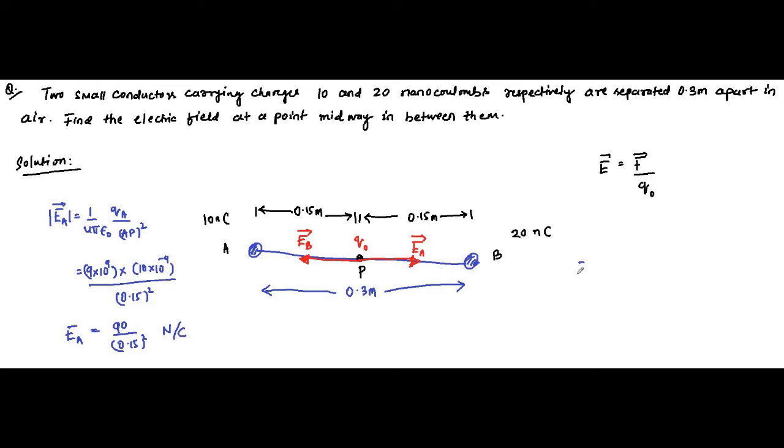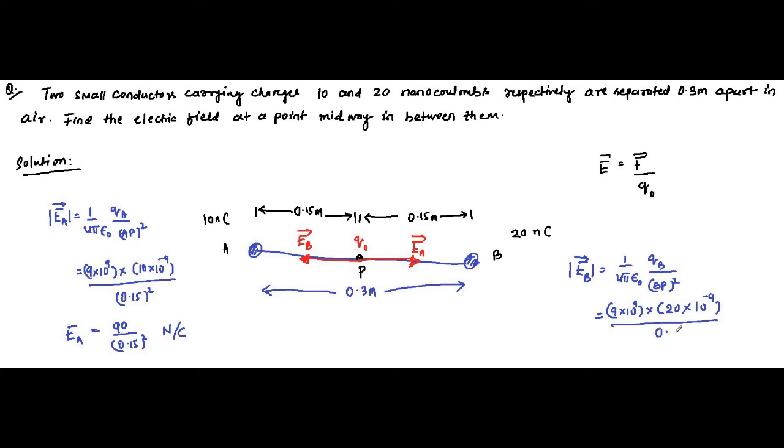Similarly, the electric field vector magnitude because of the 20 nanocoulomb charge placed at B will be 1 by 4 pi epsilon 0 QB by BP whole square, which is equal to 9 into 10 to the power 9 into QB, which is 20 into 10 to the power minus 9 coulomb.